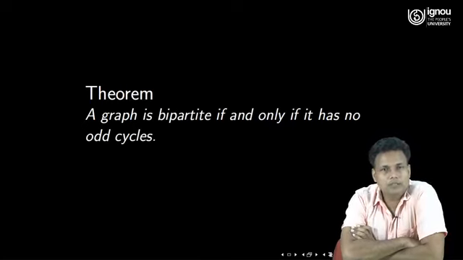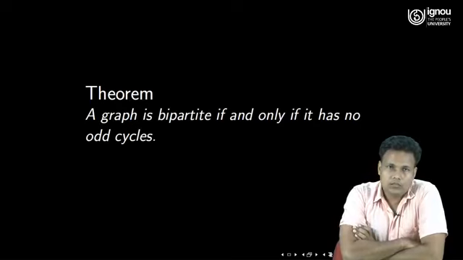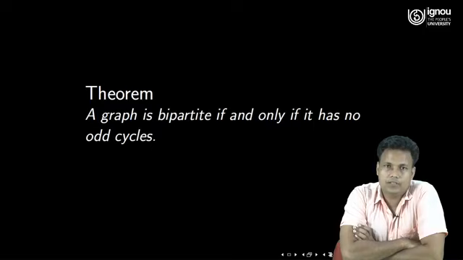First we shall prove, if a graph is bipartite, then it has no odd cycles. So assuming that a graph is bipartite, we have to show that if we consider any cycle, then its length must be even.